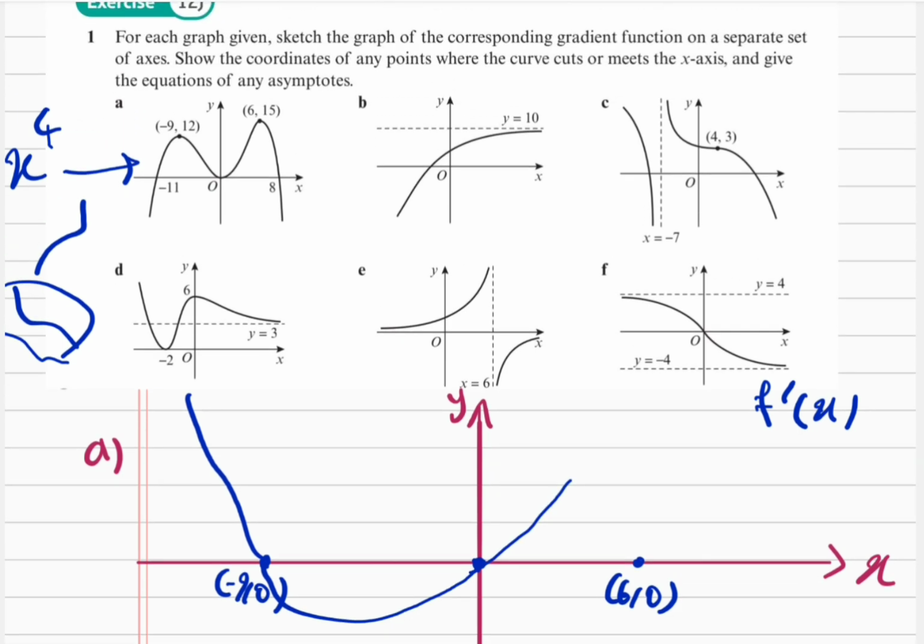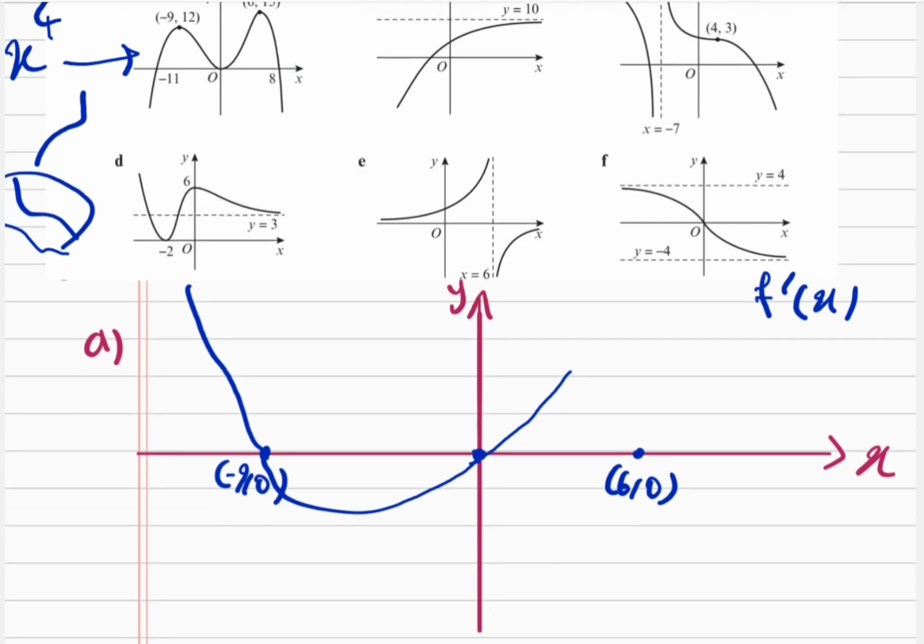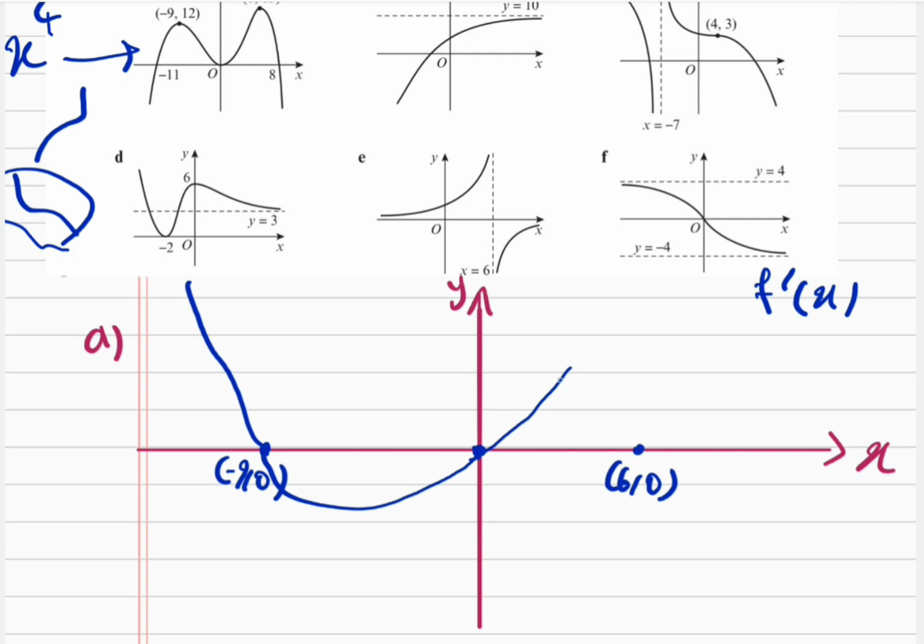But between 6 and 8 the gradient is negative, and also if you look at after the point 8, as you can see, the gradient is decreasing, so it's going to be below the x-axis. In terms of the stationary points, here we are going to have a sharp bend like this.